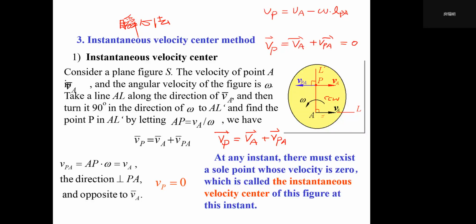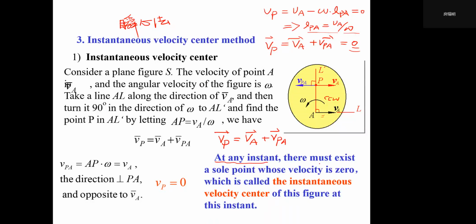If we select a special value of LPA so that this equals 0, it's very easy to find that LPA, the length of P and A, equals VA over omega, right? That's easy. So this figure tells us we can easily find a point whose absolute velocity will be 0, right?